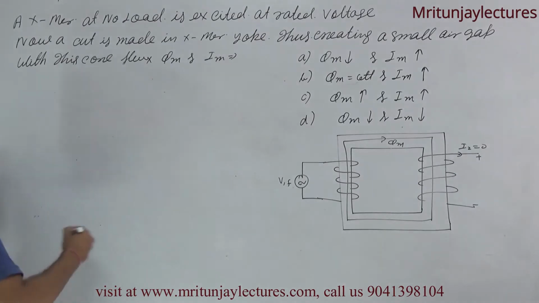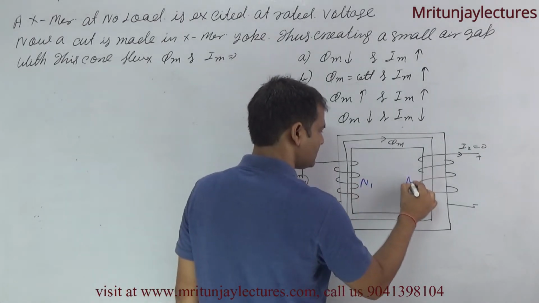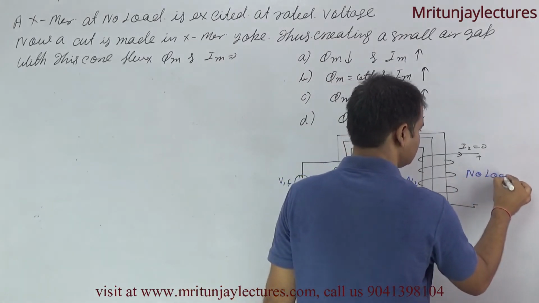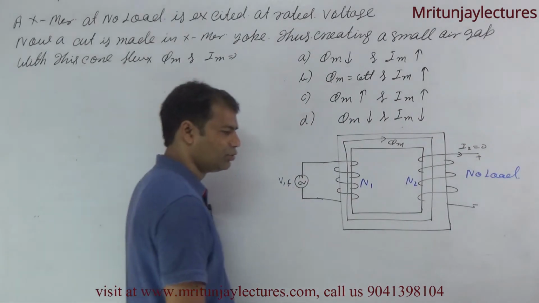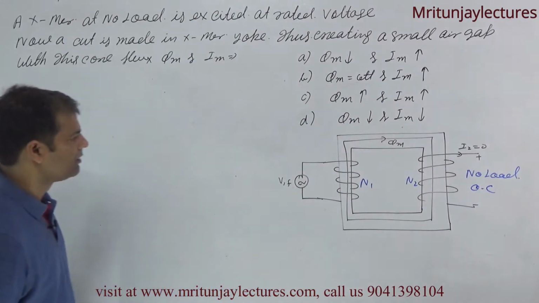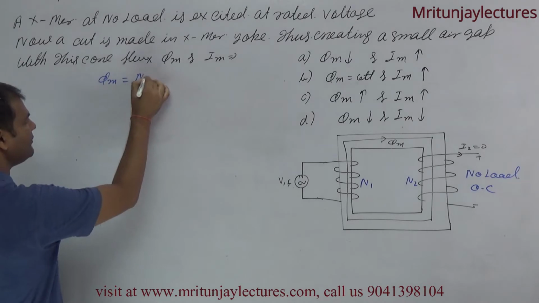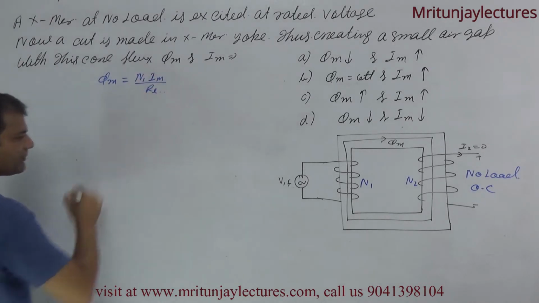Now if the number of turns on the primary side is N1, with no load, that is, open circuit. Clear? Phi m is equal to N1 into Im divided by reluctance.